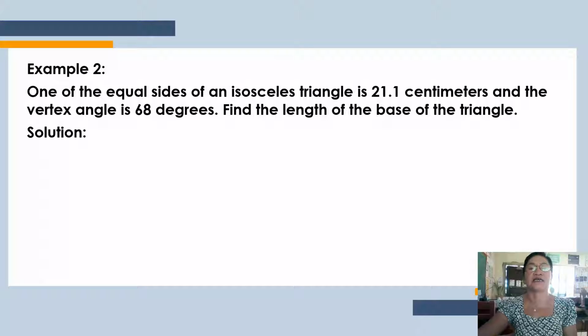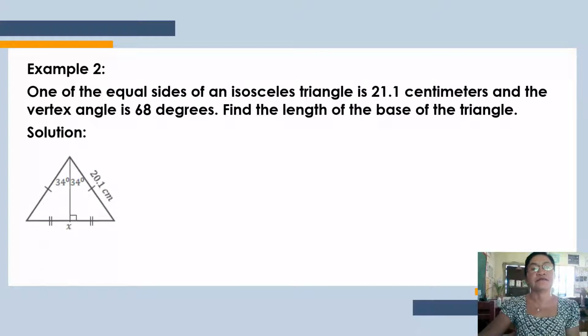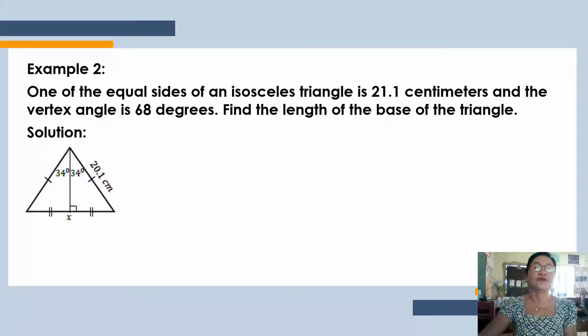So that is the problem. First, we are going to illustrate. As you can see in the figure, the two equal sides of the isosceles triangle have a length of 20.1 centimeters, and the vertex angle is 68 degrees.